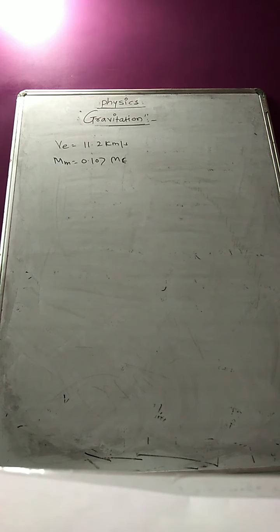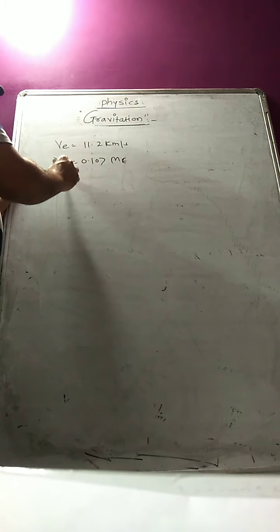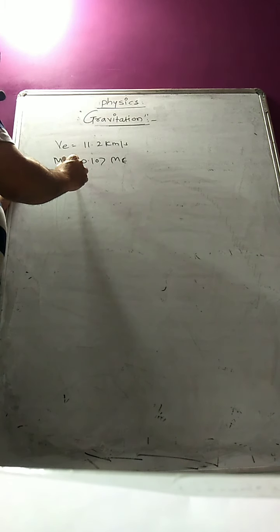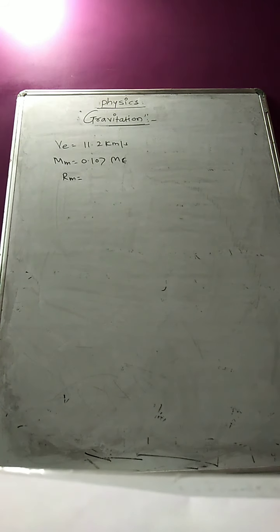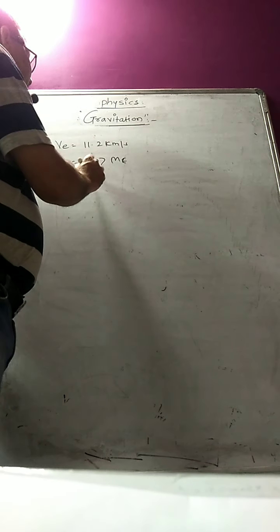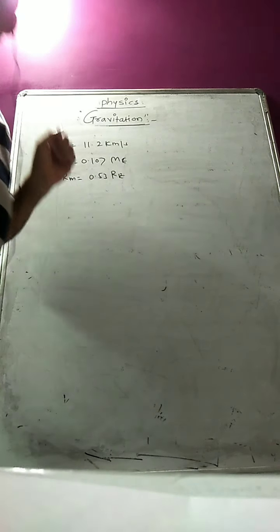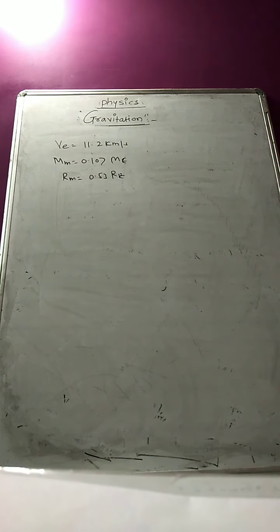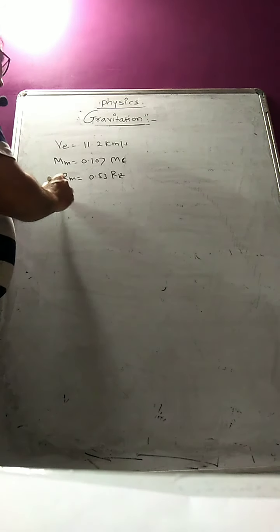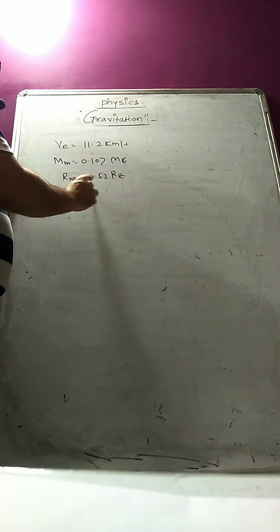And radius of Mars is 0.53 times the radius of the Earth. Find the escape velocity of a body from the surface of Mars. Escape velocity from the surface of Mars.